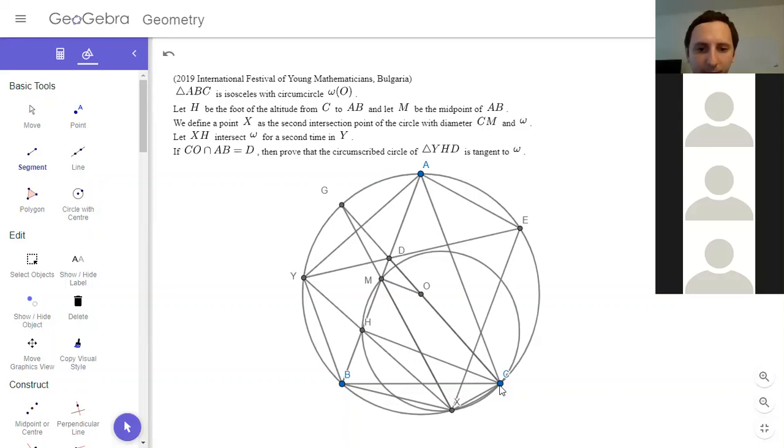I think EDB might also be similar to YBX. Triangle EDB is similar to YBX. Is there any way we can show that?